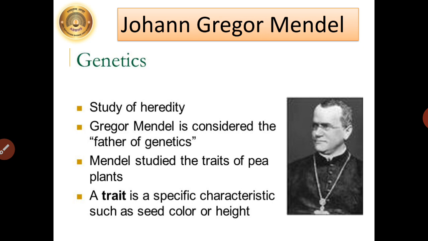Mendel studied the traits of pea plants. A trait is a specific characteristic such as seed color or height. Students, if you are remembering, we have learnt about the pea plant's dominant and recessive characters.